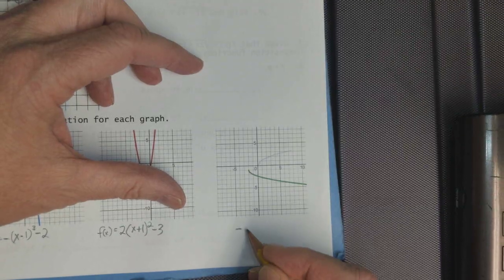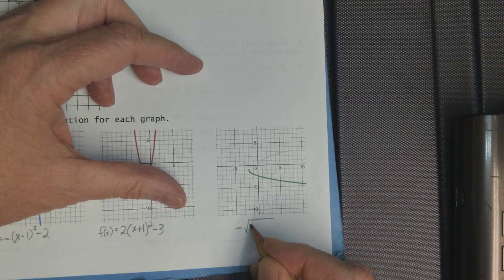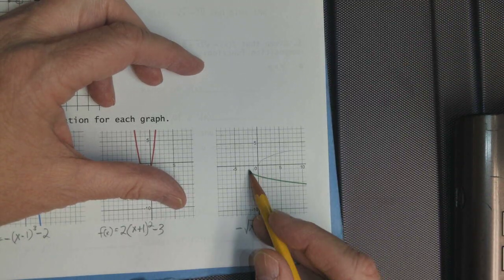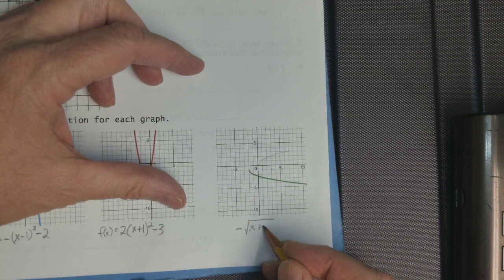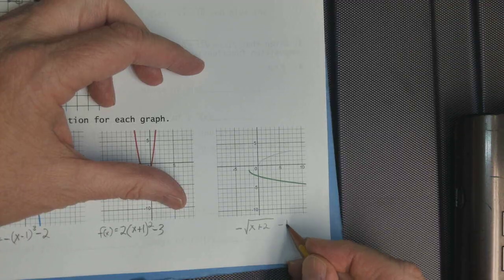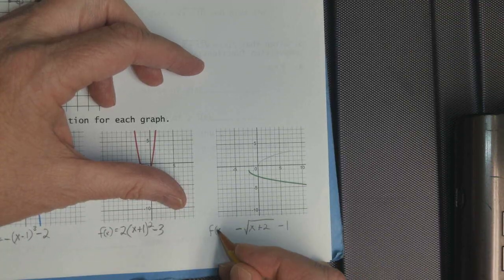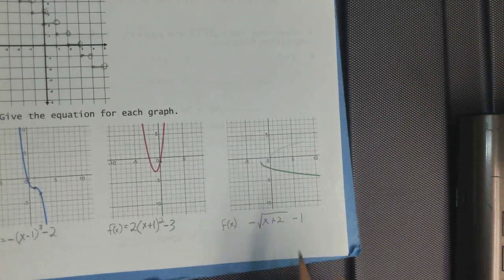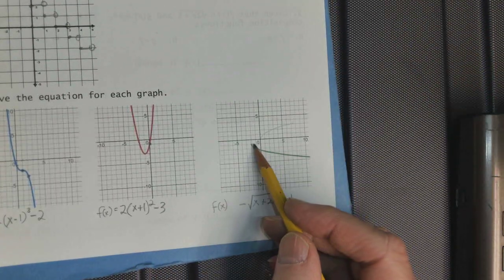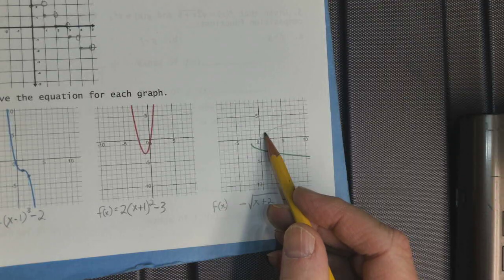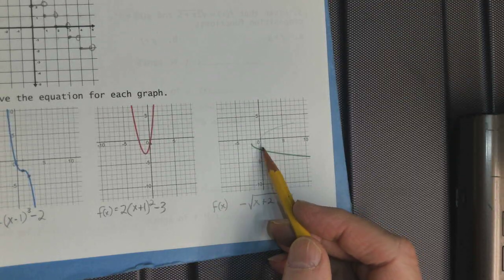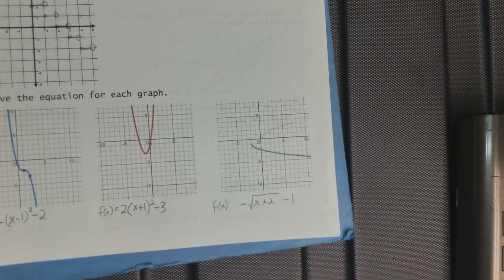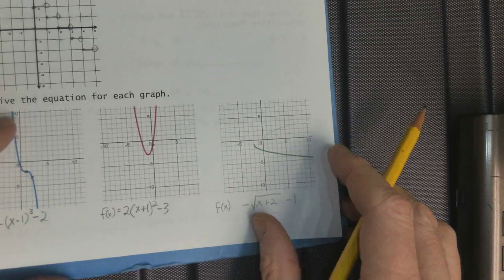So I'm going to put a negative square root of x plus 2, minus 1 out here on the outside. Oops. Okay. So reflected over, yeah, that's what it looks like to me.